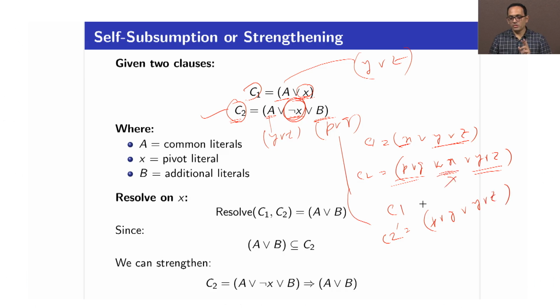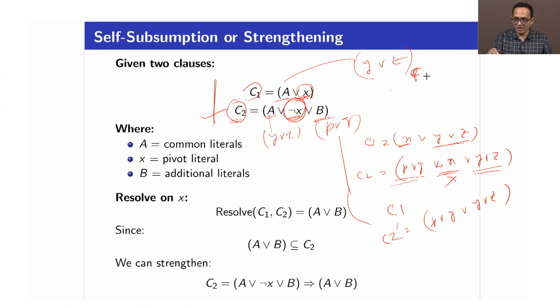Okay. So the question is why this can be done. Now look at it carefully. If I do a binary resolution on these two clauses, you remember what binary resolution is, right. Suppose you have two clauses. Let me write it properly.